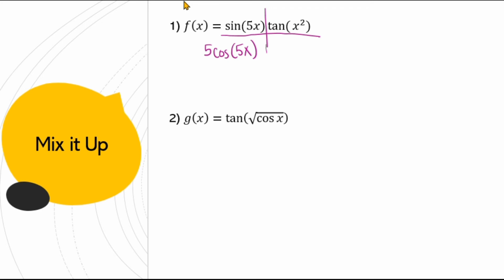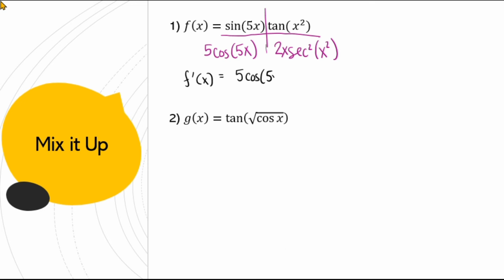Looking at the second one, our v, the derivative of x squared is 2x, and the derivative of tan u is secant squared u.